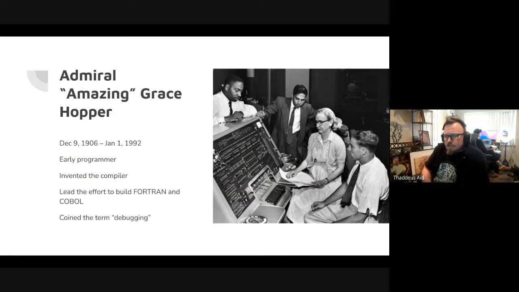She invented the compiler, even though a lot of men at the time said a woman couldn't possibly have come up with this good of an idea, but she did. She led the efforts to help build Fortran. She was one of the lead designers on COBOL. Fortran, of course, being the high-level language targeted at mathematics, COBOL being the high-level language targeted at business.